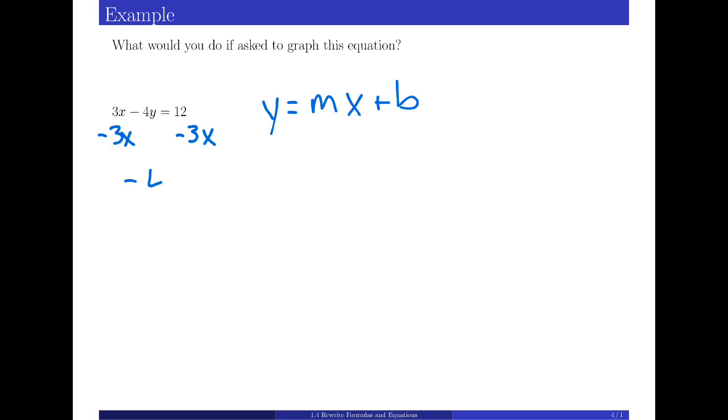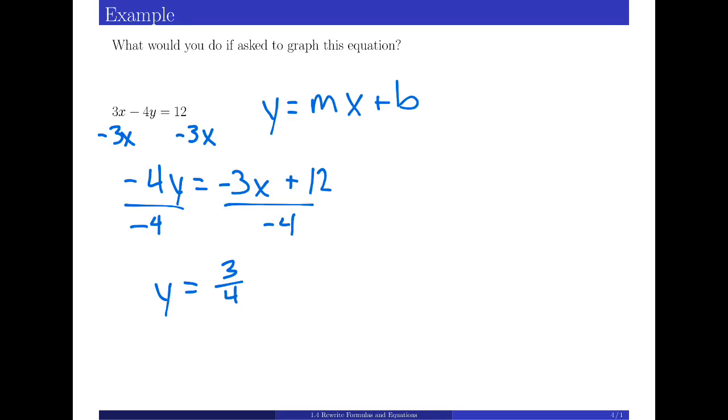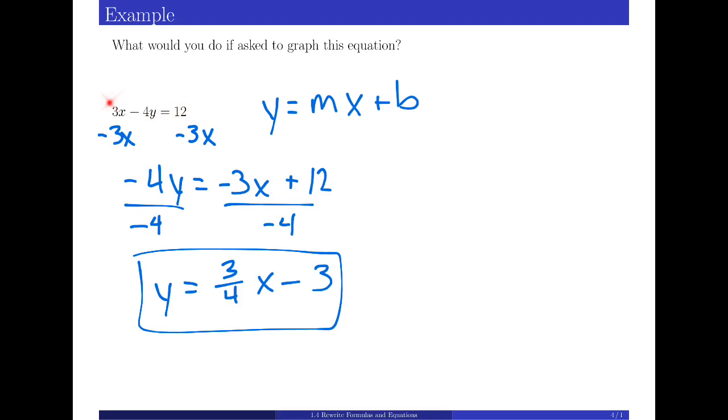So you would subtract 3x from both sides, and then you would divide by that negative 4, and we would get y equals 3/4 x minus 3. And then you could graph that because you see it in slope-intercept form. You have a slope of 3/4, a y-intercept of negative 3. But it's the same equation, just rearranged in a different form that makes it a little bit more useful to us.